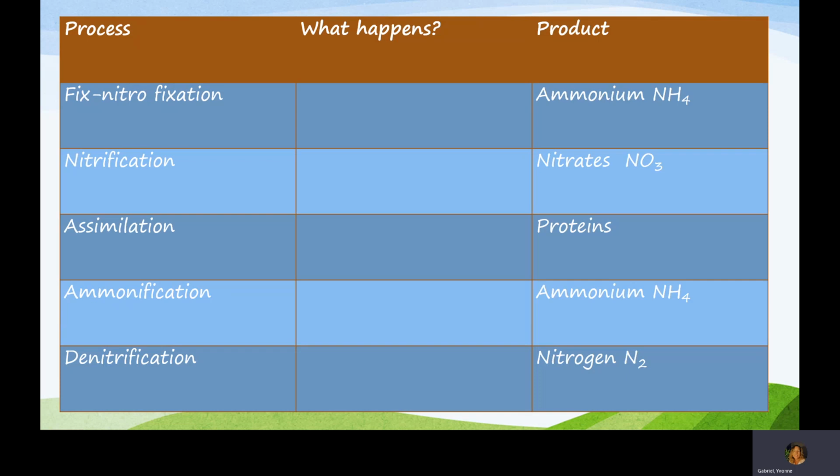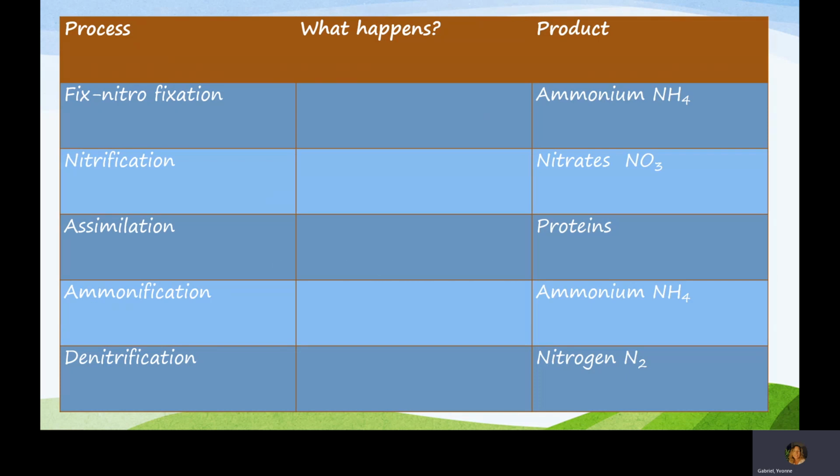So before we move on to the next slide, guess what all the biotic and abiotic processes or steps are for fixation, just fixation. The biotic and abiotic steps for fixing nitrogen gas into ammonium. You're going to pause, and then you're going to check how does N2 get converted to NH4. What helps this happen?